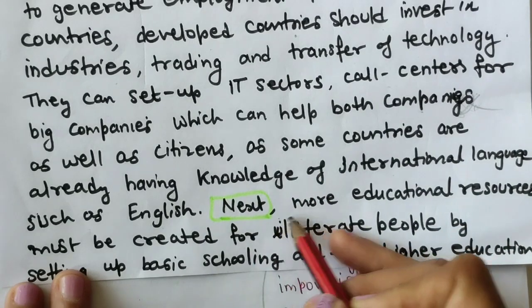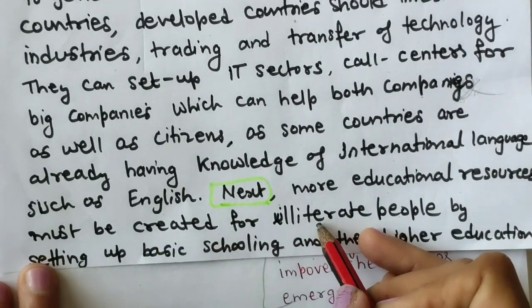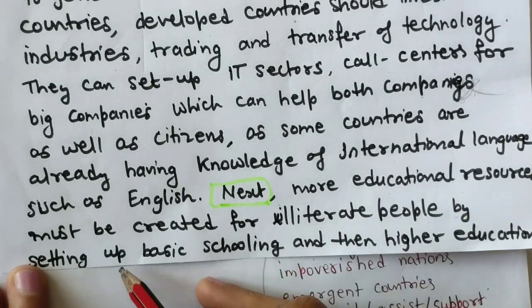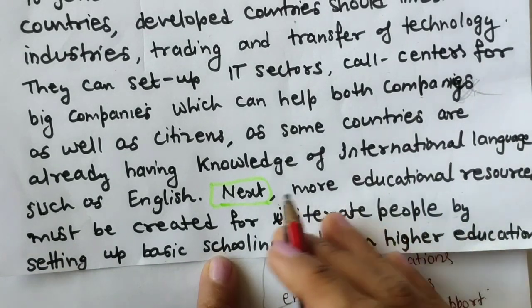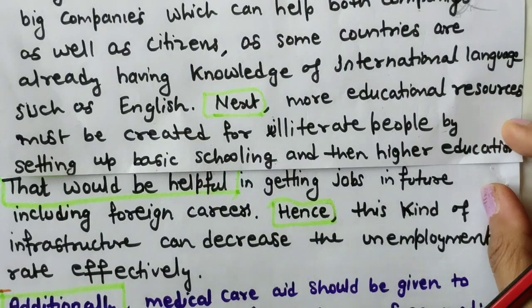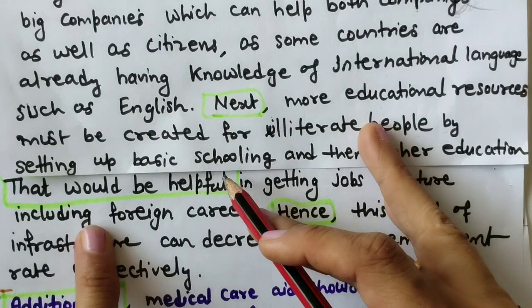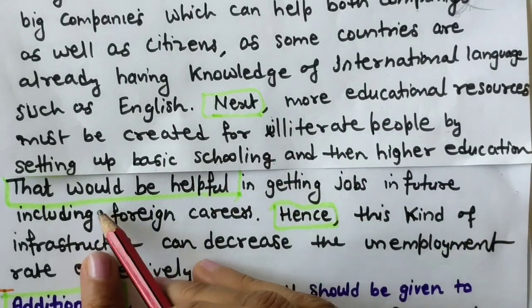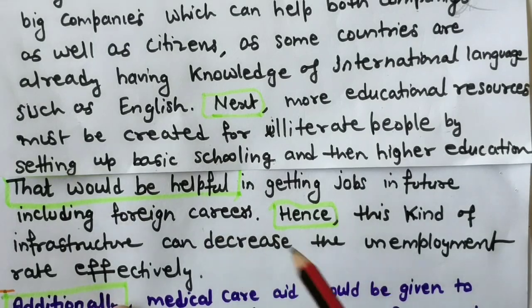My next point, more educational resources must be created for illiterate people by setting up basic schooling and then higher education. Now, after giving 2 points, what would be the result? So the result would be that it would be helpful in getting jobs in future, including foreign careers.